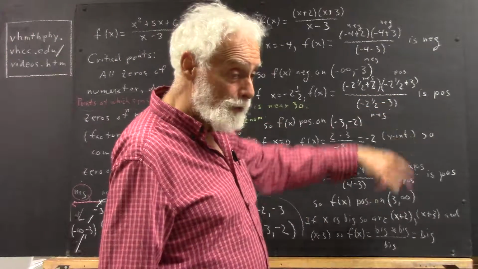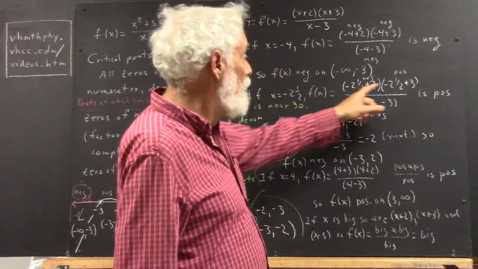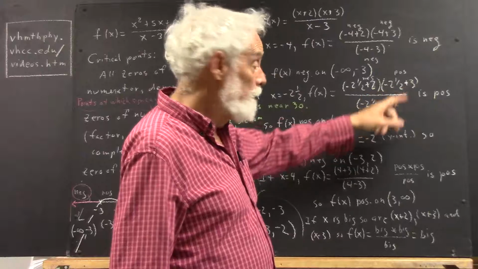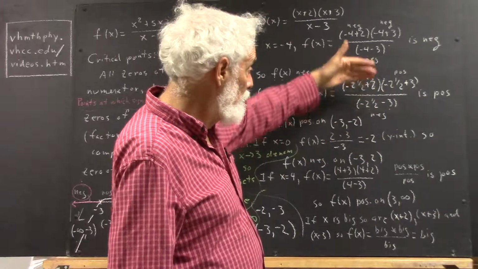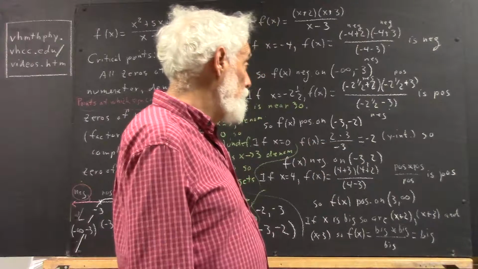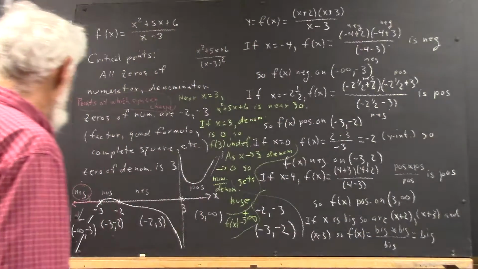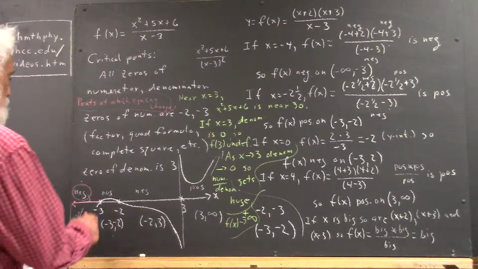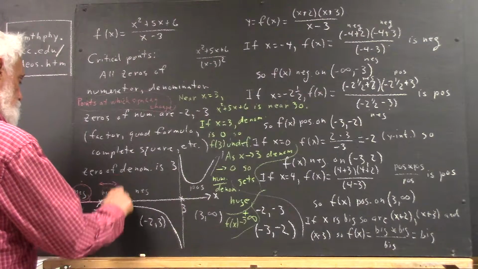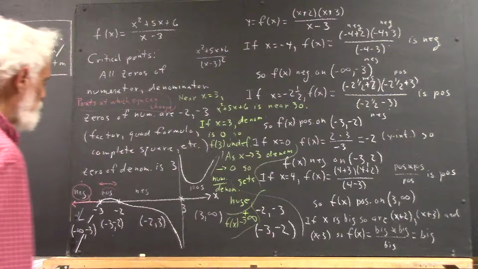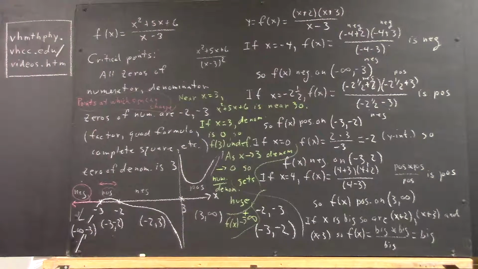Negative 2.5 minus 3 is negative. So we have negative times positive, which is negative, divided by negative. That makes it positive because we're dividing a negative by a negative. So the function is positive between negative 3 and negative 2.